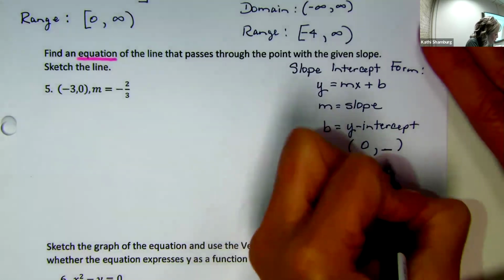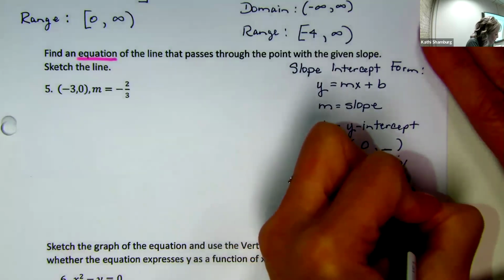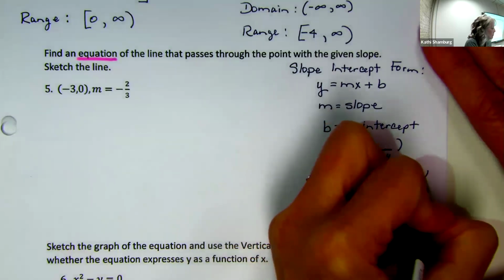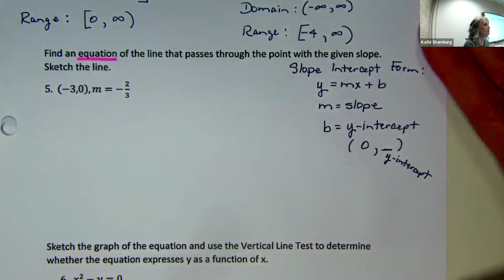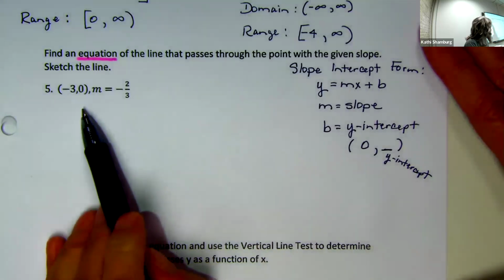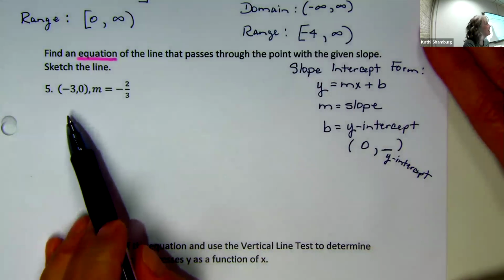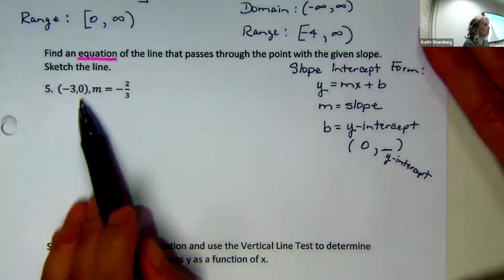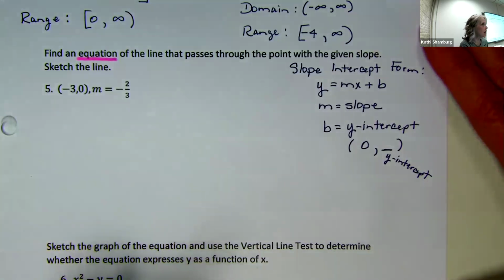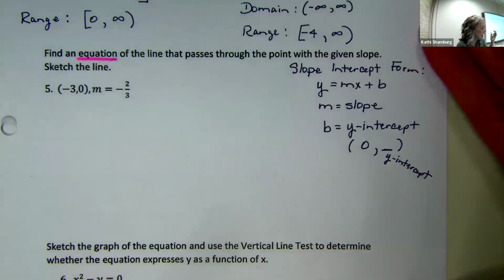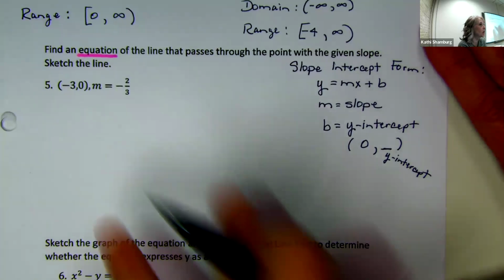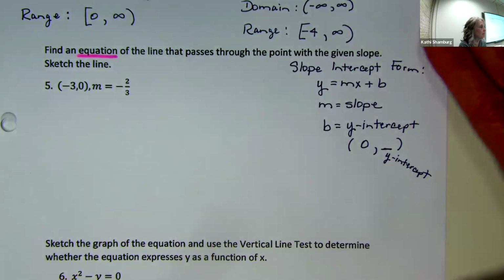Is that what they gave me? Is my x coordinate 0? No, they did not give me the y-intercept here. Now, had this been 0, -3, we'd have been golden, substitute the values in, and we're done. I wanted to talk about the slope-intercept form because we will encounter that, but unfortunately for this problem, that's not going to help me.